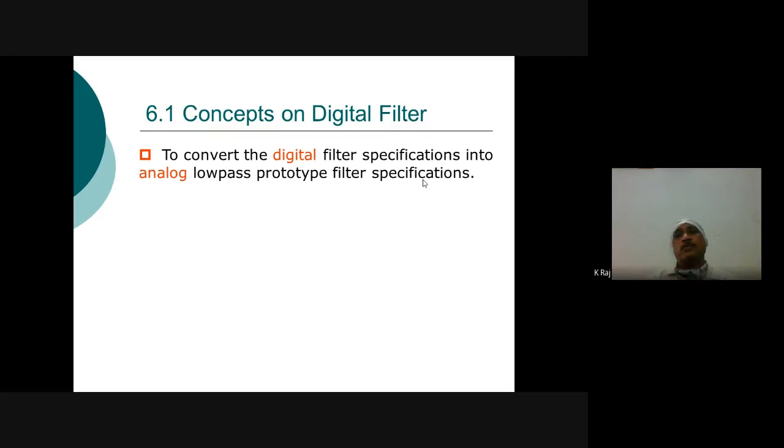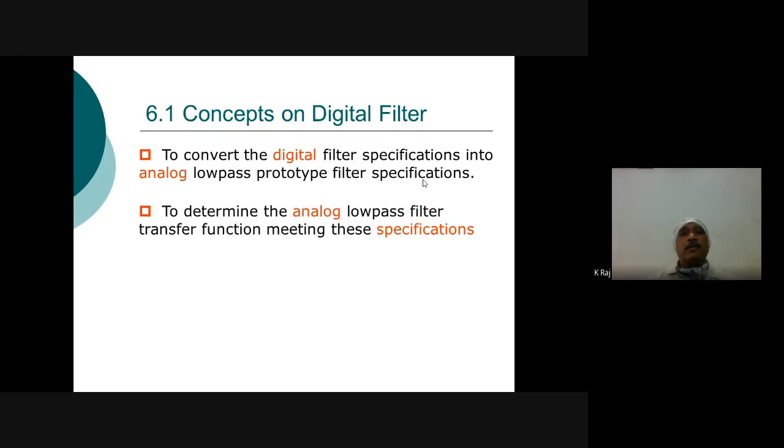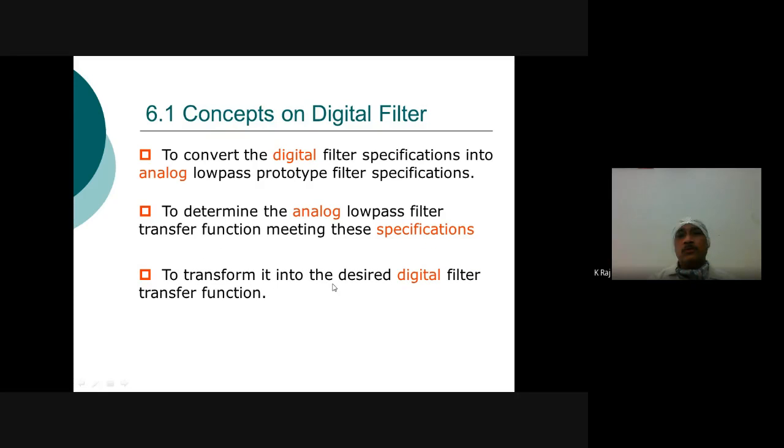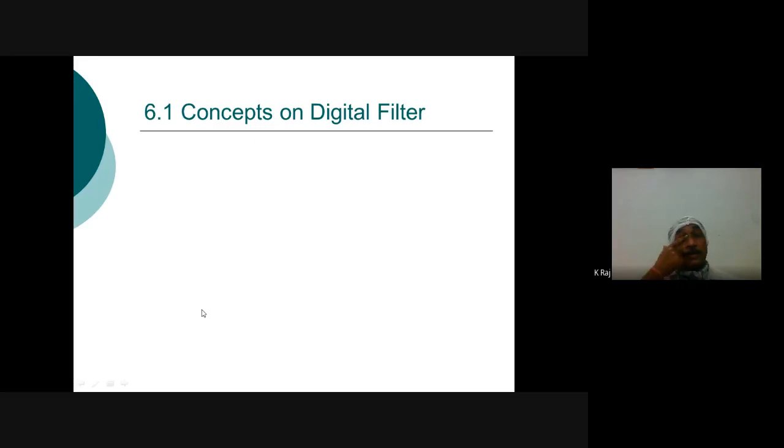Whatever the specification in the digital domain, it will be converted to the analog low pass prototype, and then we determine the analog low pass filter transfer function to meet these specifications. To transform it into the desired digital filter transfer function, there is a need for a transformation, for example the bilinear transformation.